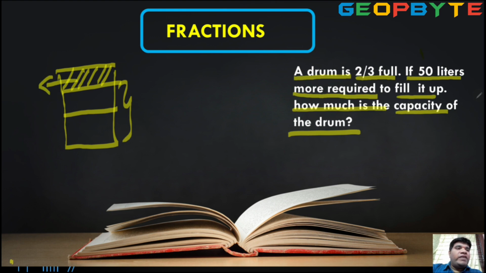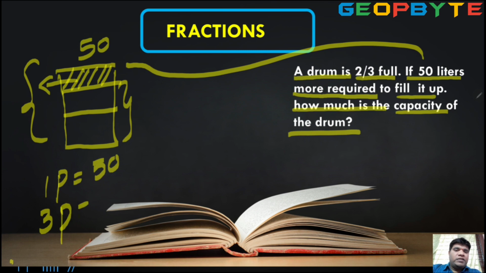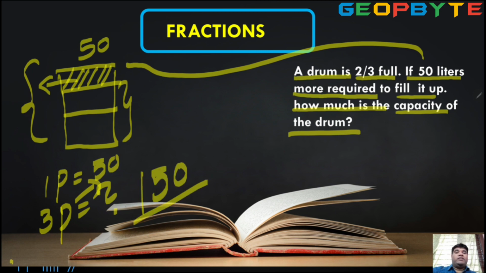So how much is required? 50 liters. So one part is 50. Total how many parts? 3 parts. How much? Cross multiplication. 3 5s are 150. This is the answer by the diagrammatic method.